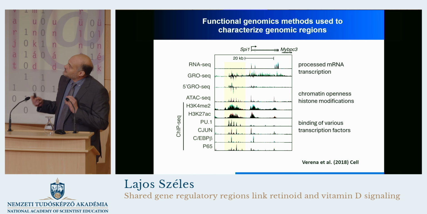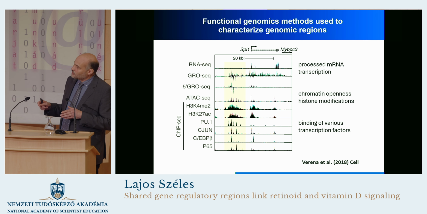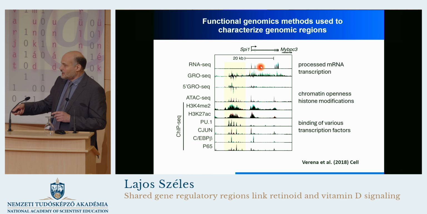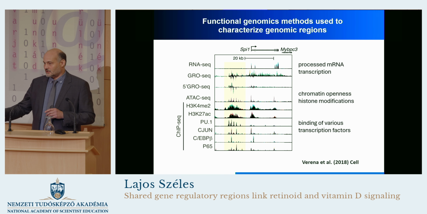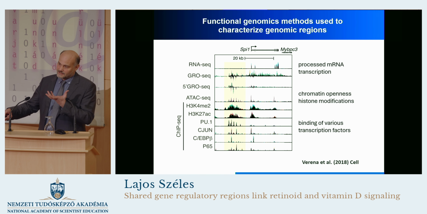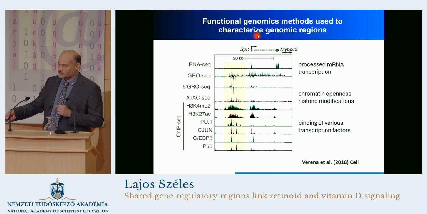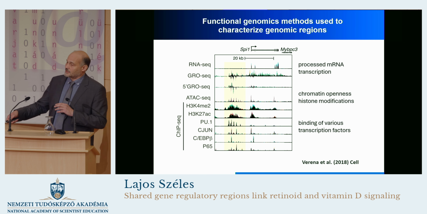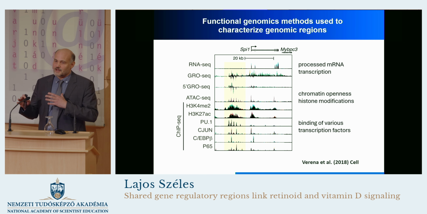Here you can see a genome browser view of a typical functional genomics data set. On the top, you can see the gene, and on the x-axis, you can see the different genomic regions. This is a gene which is under the control of multiple transcription factors. On this figure, you can see different tracks, and these tracks show many things.